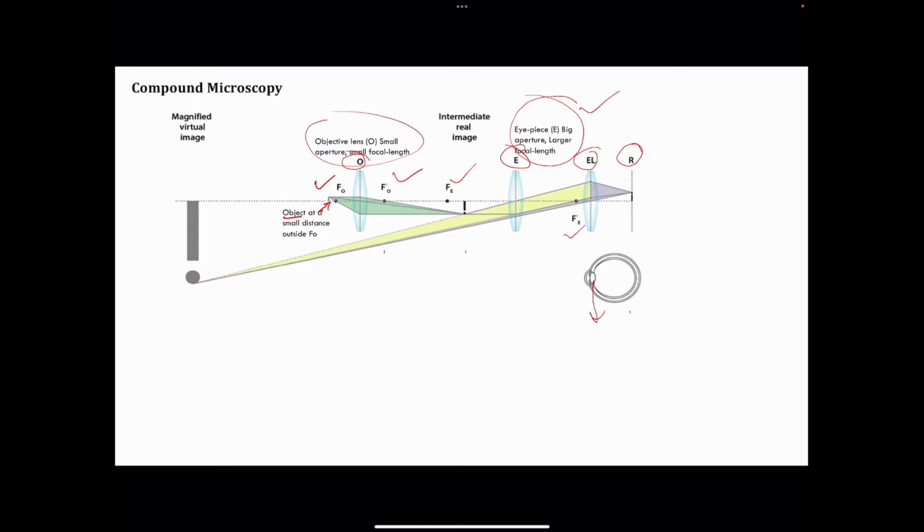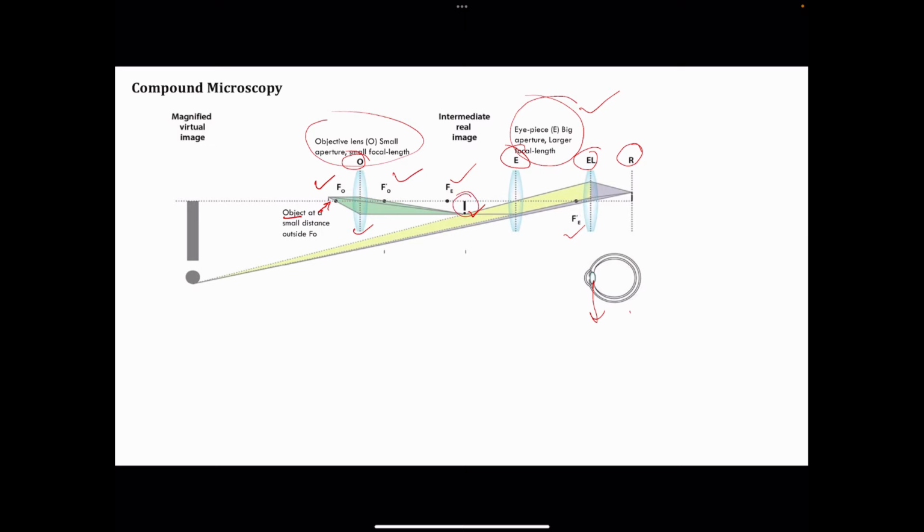Now, in a compound microscope, the relative arrangement of the objective with respect to the eyepiece is made such that the real and inverted image formed by the objective lens falls within the back focal plane of your eyepiece. What I'm trying to say is your objective lens images an object and produces an image here.